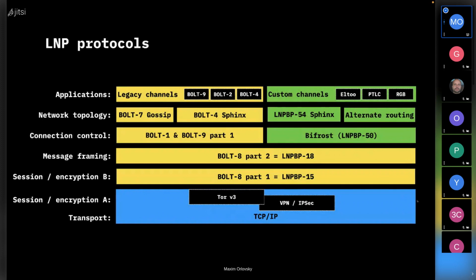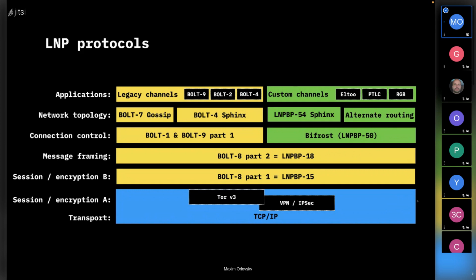Also, this all works on the TCP/IP Internet protocol stack, and it uses TCP as a transport protocol, on top of which we may have a session encryption level, either built on VPN or IPsec protocol or Tor version 3. We will not be using Onion version 2 addresses because of vulnerabilities like the one recently discovered.